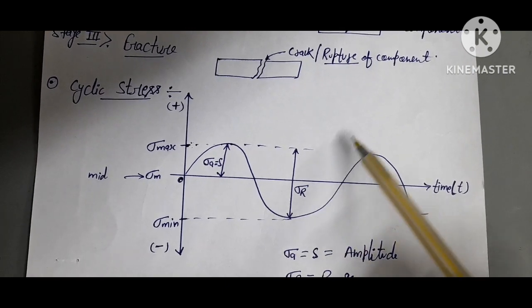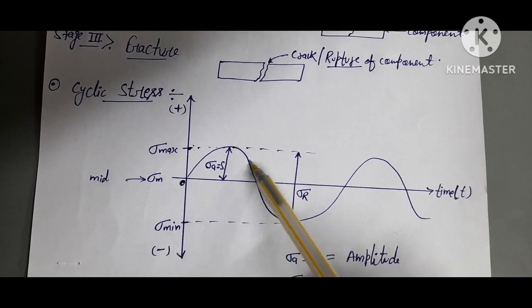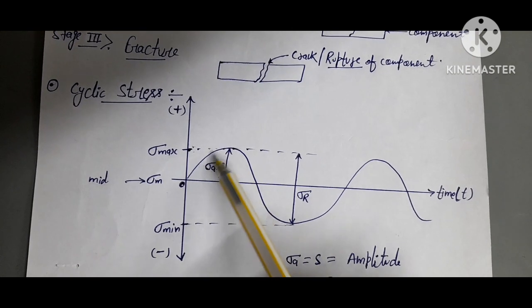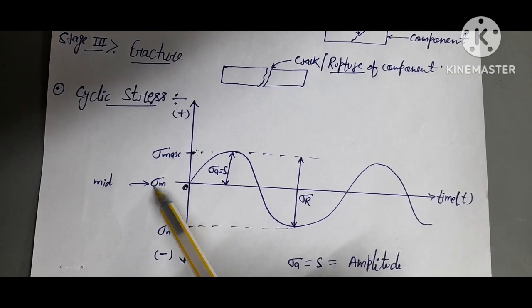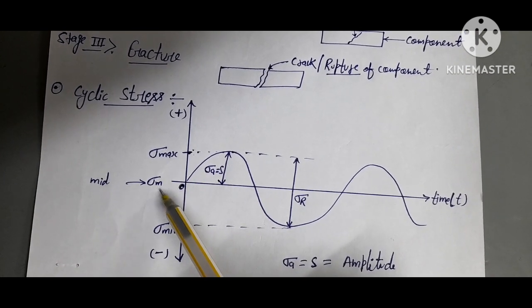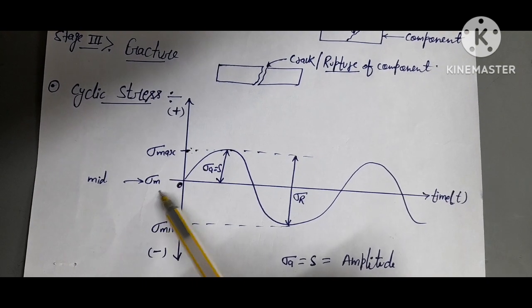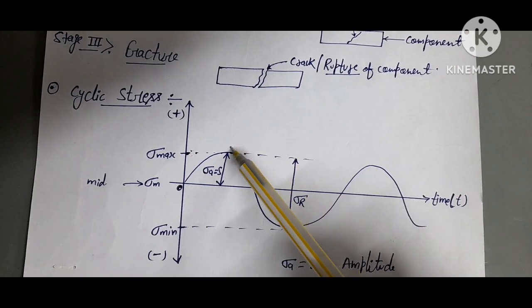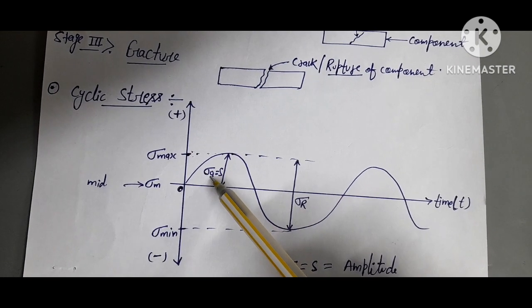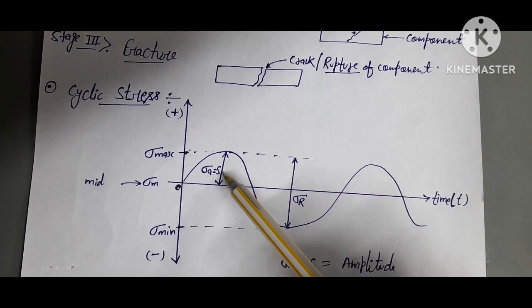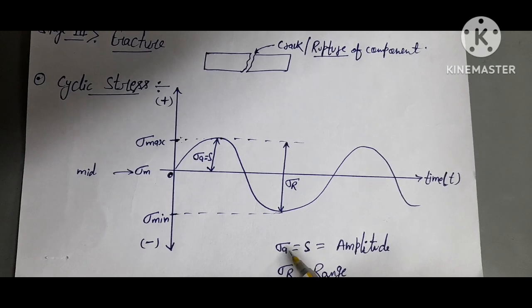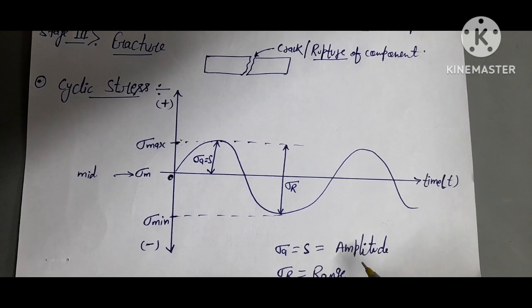So this is a cyclic loading. It is also known as a sinusoidal cycle, and the mean stress sigma m equals 0. It means sigma mean, and this value is known as sigma a. It is also denoted by S. Sigma a equals S equals amplitude.